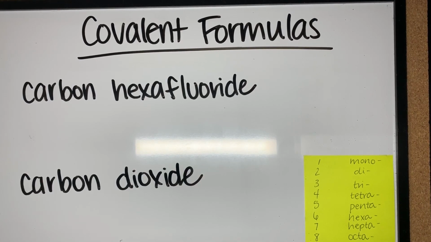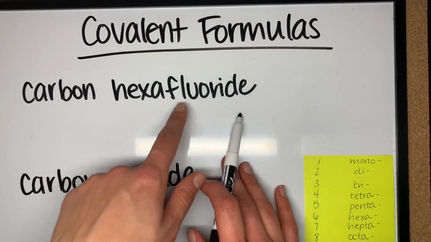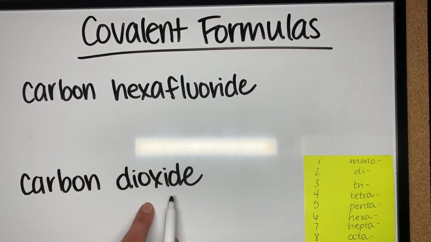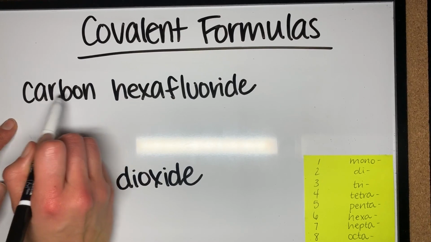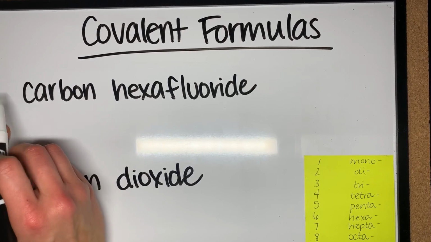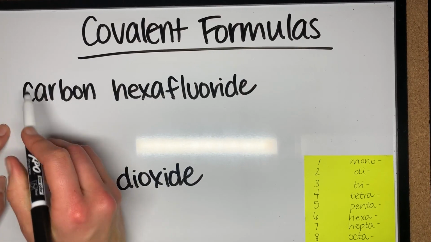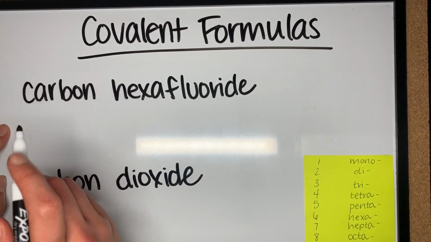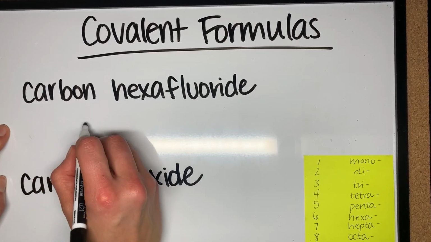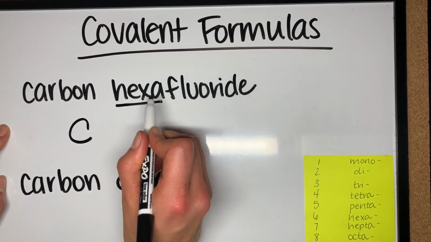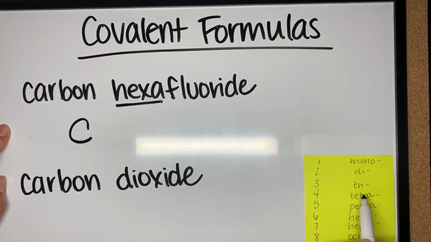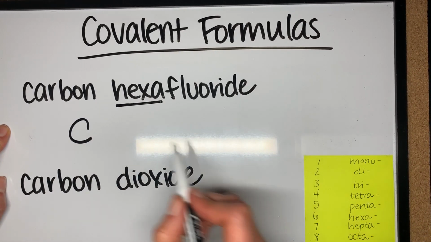Let's try two more. Carbon hexafluoride and carbon dioxide. This bottom one might sound familiar, but let's start with the top. So carbon, when you don't see a prefix on it, you know that there is just one. So no prefix on our carbon tells us that there is a single carbon. The prefix hexa here means 6.